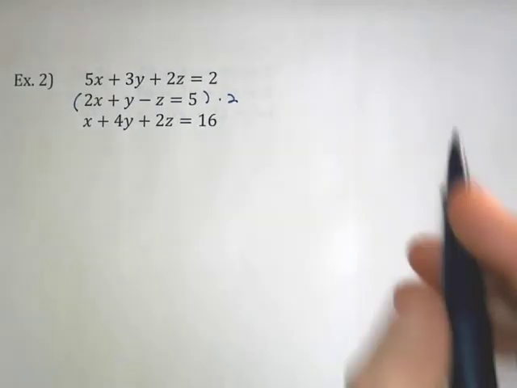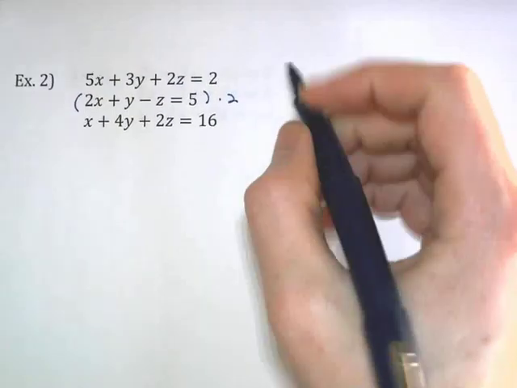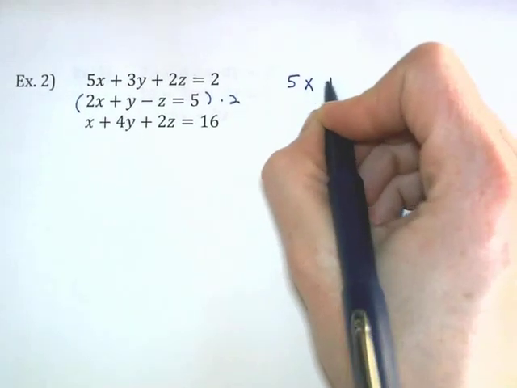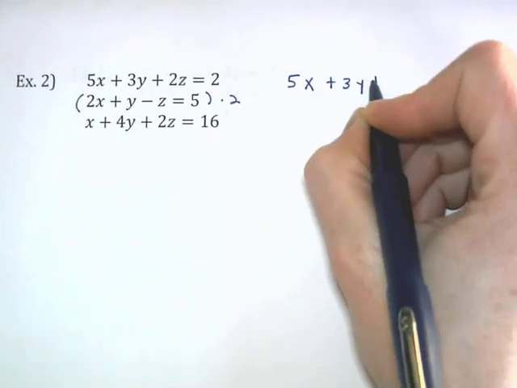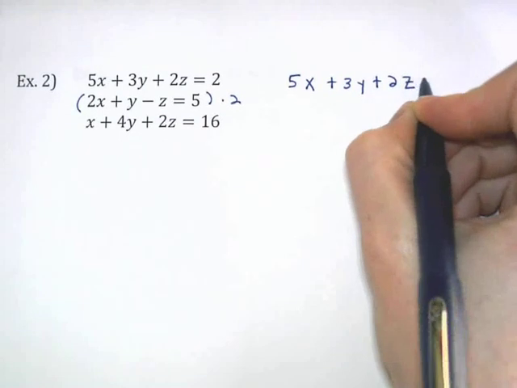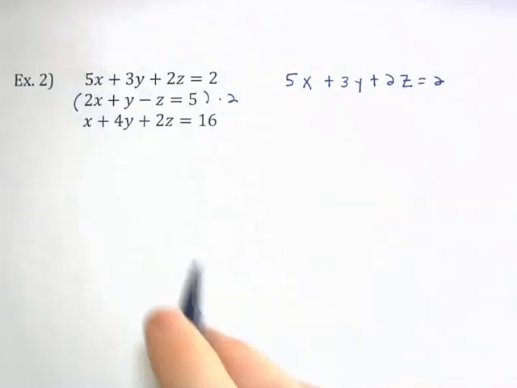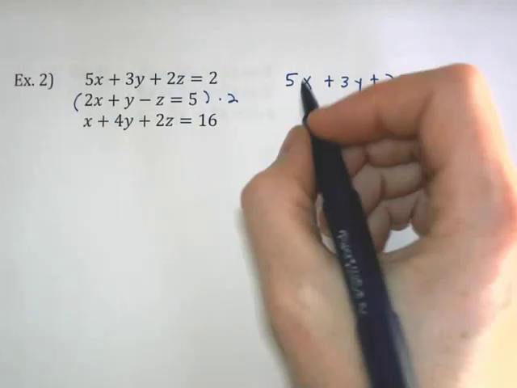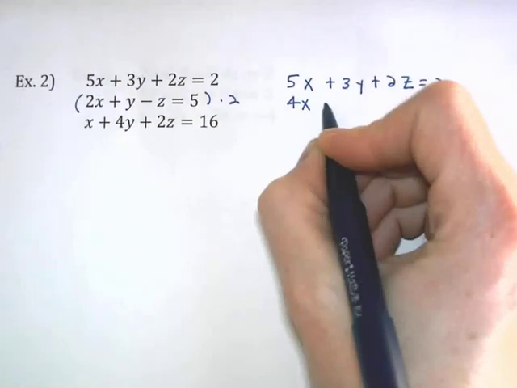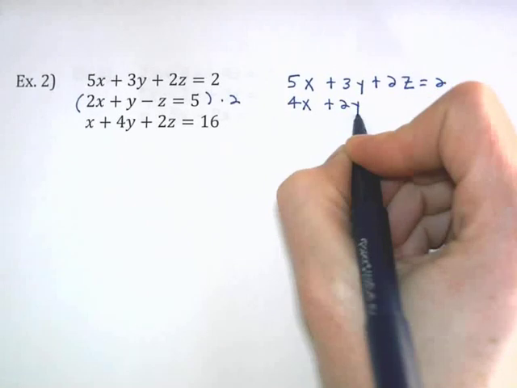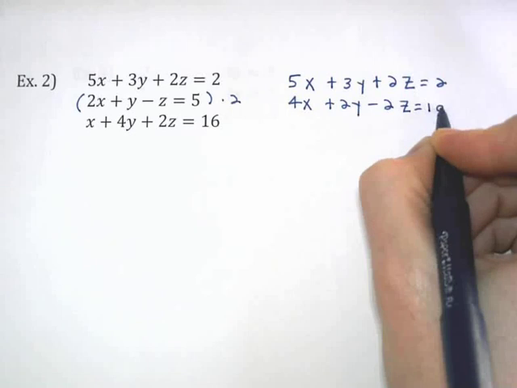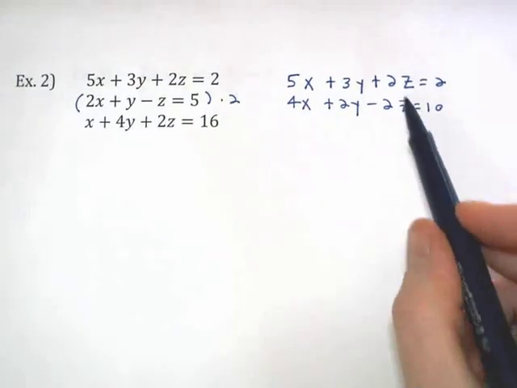Now, before I do that, I'm just trying to make sure I stay organized. I'm going to go ahead and write down this first equation just the way it is, since I know I'm going to be using that. Okay. So then this second equation I'm multiplying by 2. So what I really have is 4x plus 2y minus 2z equals 10.